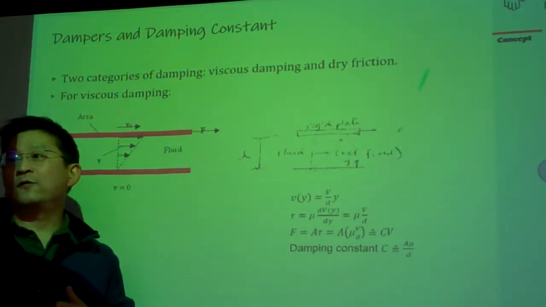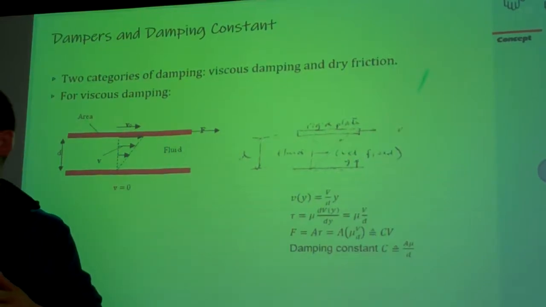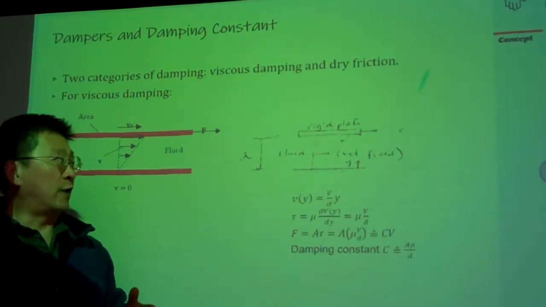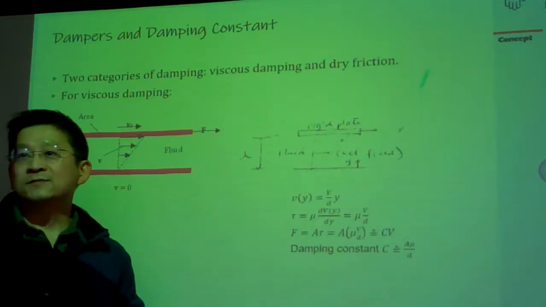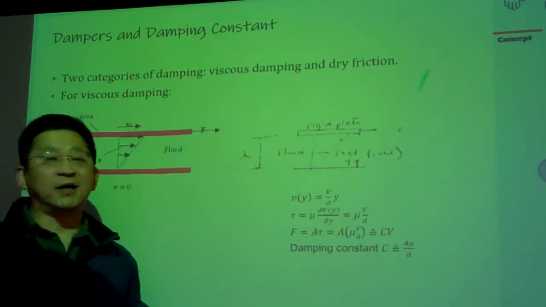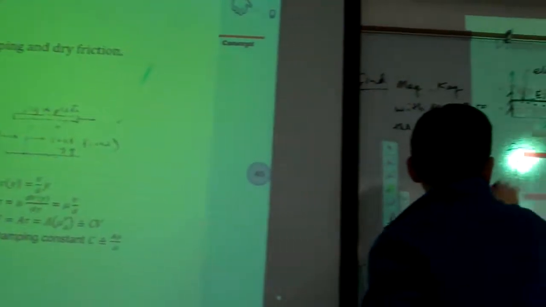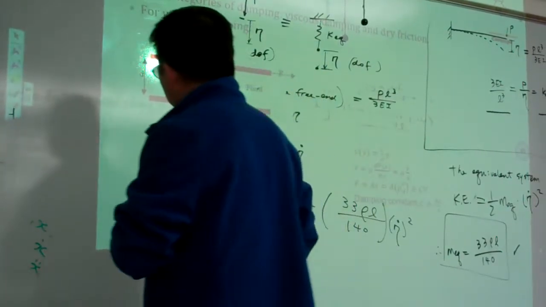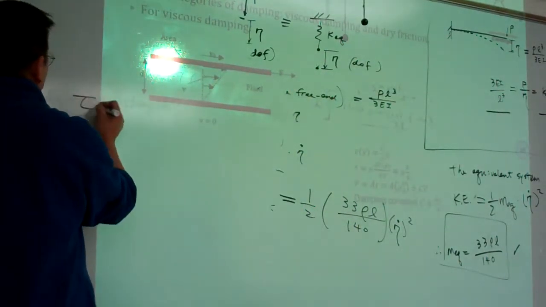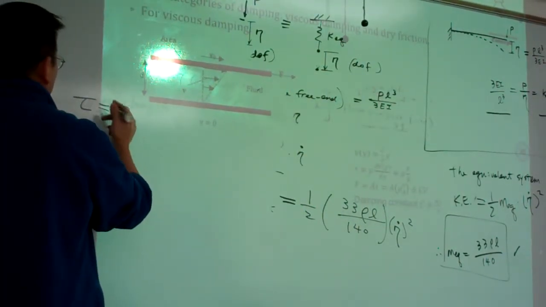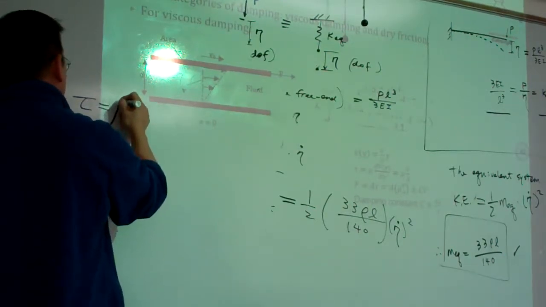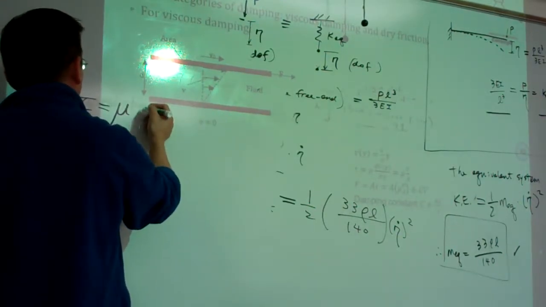How come they form a linear distribution of the fluid velocity? Because of the viscosity. If you remember that equation describing this: the shear stress equals mu times the velocity gradient, du/dy.